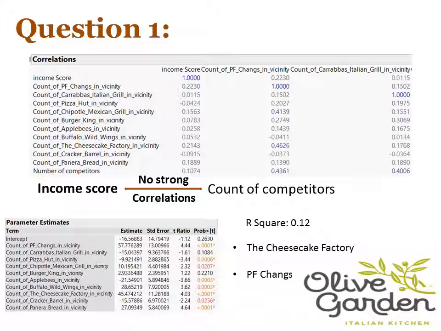And I think that's because both Cheesecake Factory and P.F. Chang's are casual dining restaurants, the same type of restaurant as Olive Garden. So it may infer the popularity of casual dining restaurants in this area, resulting in the weak positive relationship with income score of Olive Garden.